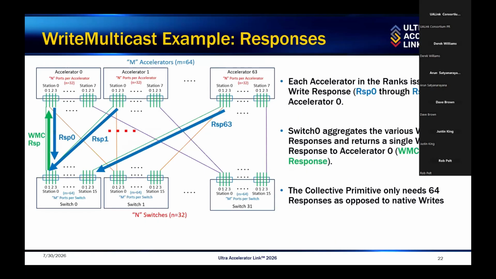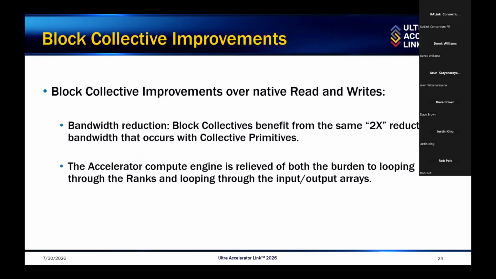Because we're issuing the commands from the switch, we get the same sort of bandwidth reduction in a block collective. Both block collectives and collective primitives improve on using native reads and writes because they offload, to varying degrees, the amount of looping and iteration the accelerator needs to do.